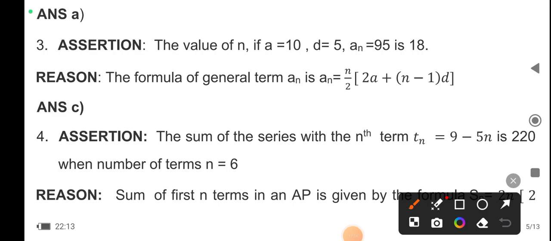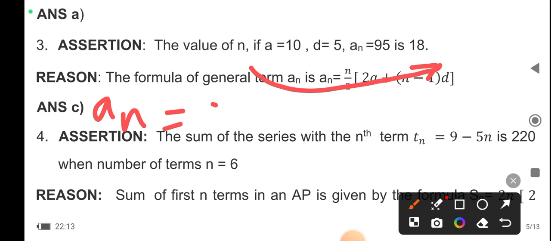Actually, here, apply the third question. What and all, you should see whether A is true. The value of n is 18. So I'm just applying the an formula: an equals a plus n minus 1 into d.